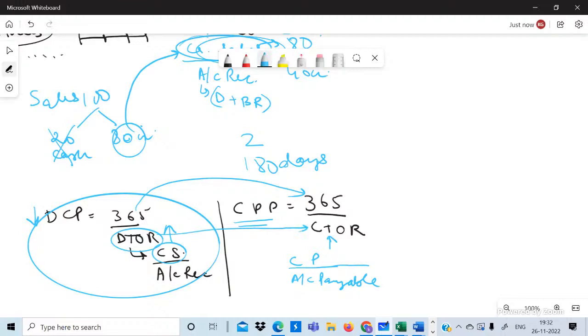Then for calculating debtors turnover ratio, I took credit sales divided by accounts receivable, because debtors happen only if there is a credit sale. But creditors arise if you have a credit purchase. So instead of credit sale, I'll have credit purchase, and instead of accounts receivable, I'll have accounts payable in the denominator.